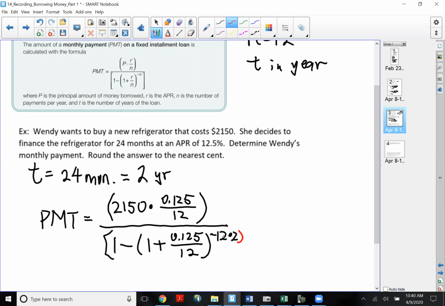If you want the calculator to compute this part for you, you need to put it in parentheses: negative 12 times 2. If you don't want extra parentheses here, you have to say negative 24. Then close up with brackets.